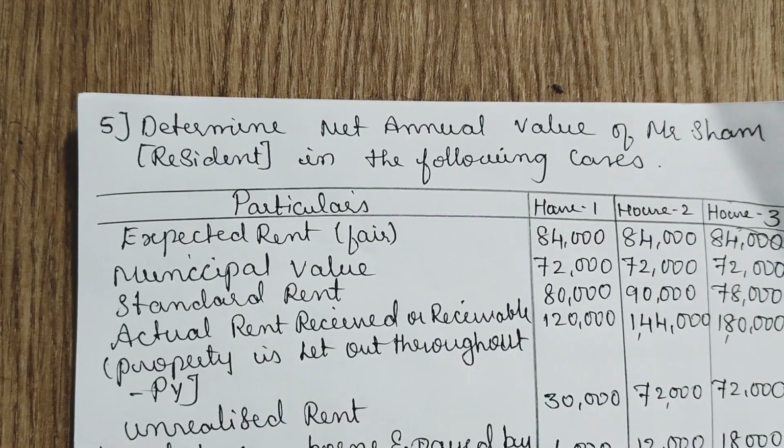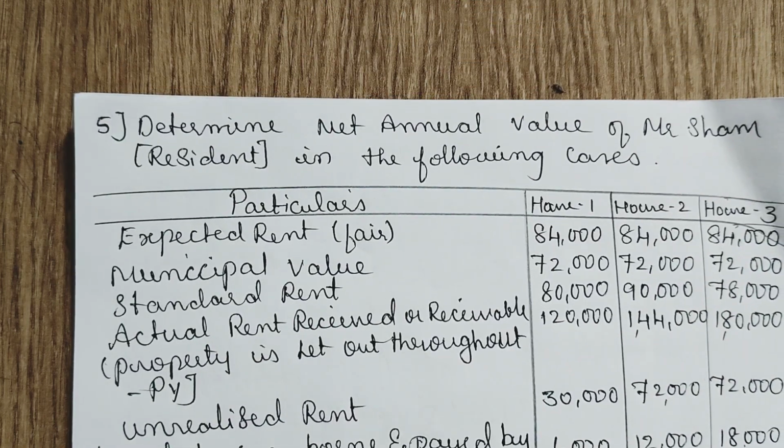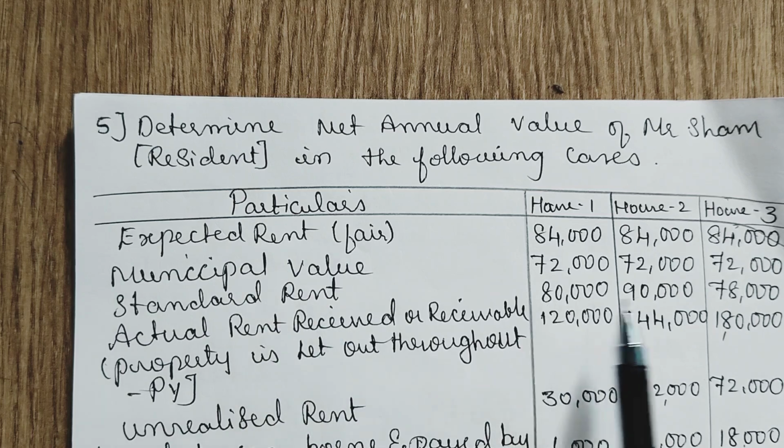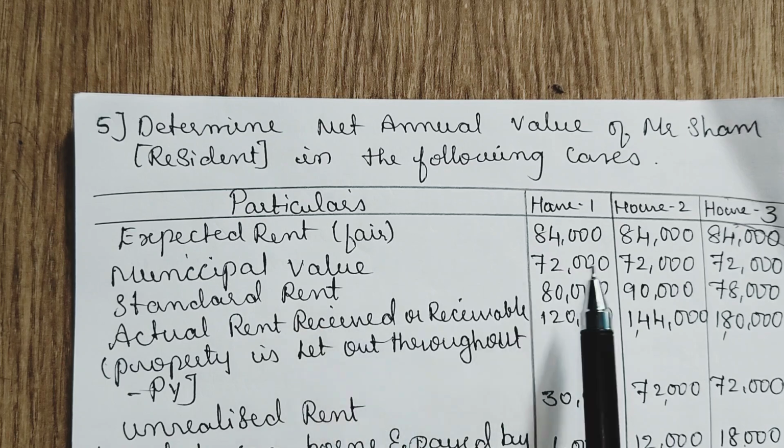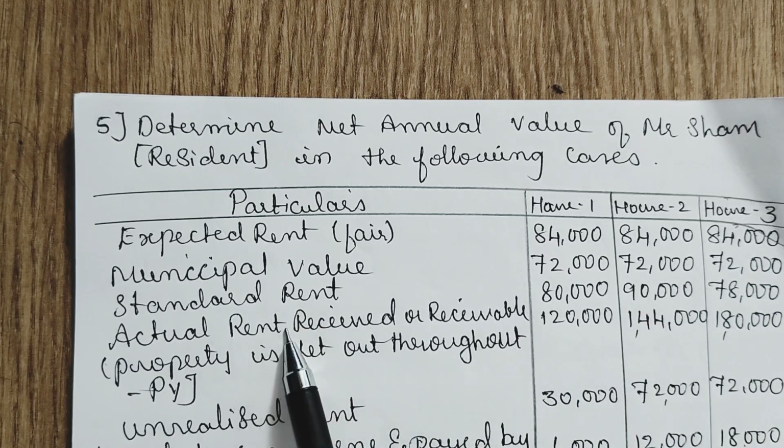Determine the annual value of Mr. Sham, resident, in the following cases. Here we have expected rent. He owns 3 houses: house 1, house 2, house 3. Municipal value 72, 72, 72. Standard rent 80, 90, 78.